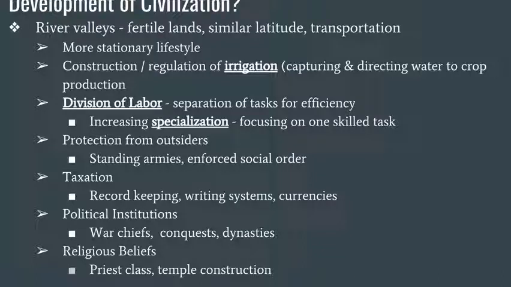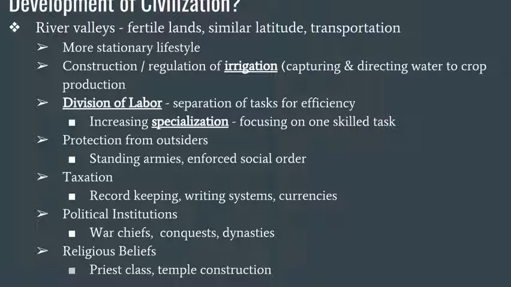For one, river valleys are loaded with fertile land. It's one of those places on the Earth's surface that naturally replenishes its soil. You don't have to have some complex fertilizing operation to constantly rejuvenate the soil. The composition changes of the soil because rivers flood and they change the type of soil. So you can go back every season and plant crops there and they'll grow.